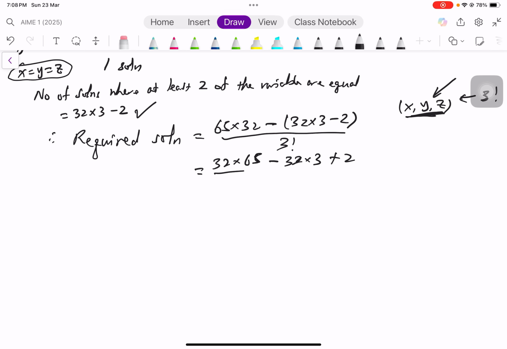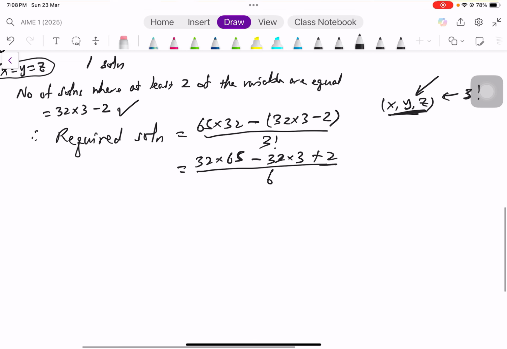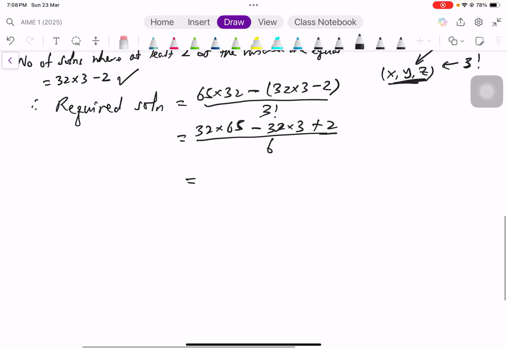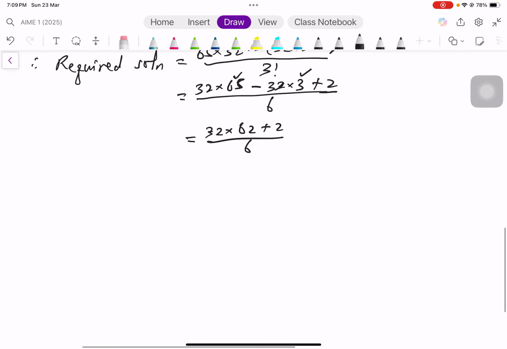Therefore, again, bear in mind that you do not have a calculator. Therefore, we can use a little bit of calculation. In this part, 65 minus 3 is 62, so it is actually 32 multiplied by 62 and then plus 2, divided by 6.